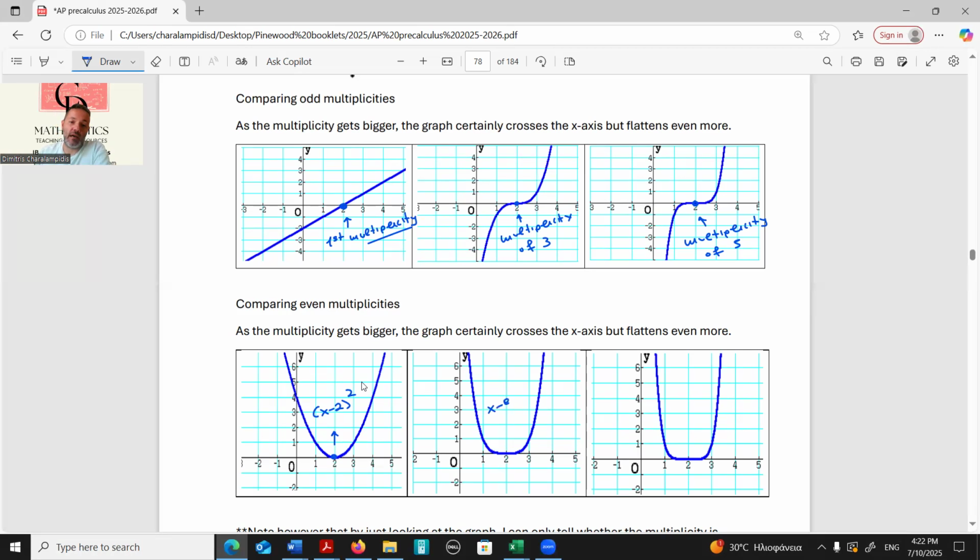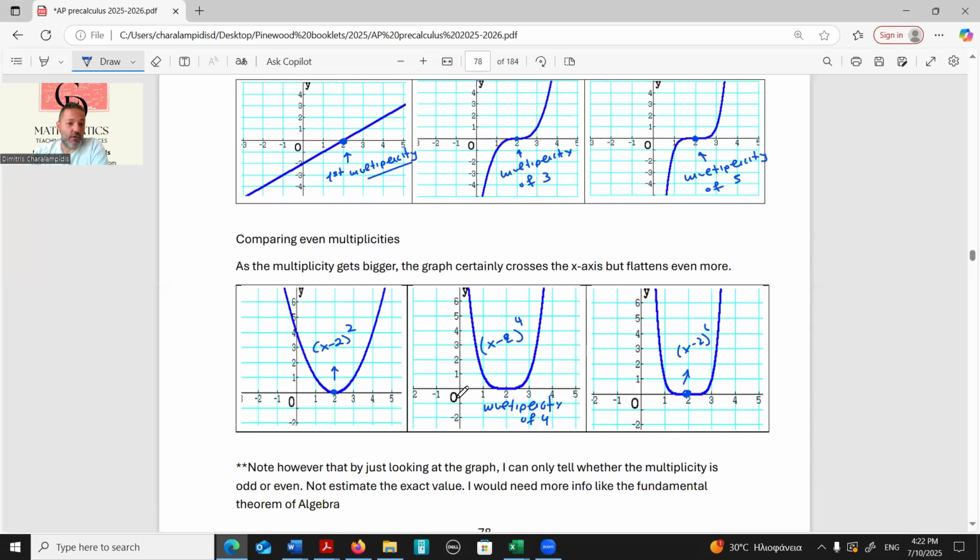Then I created (x minus 2) to the power of 4, where we have a multiplicity of 4. And here I created (x minus 2) to the power of 6, where again 2 is the root, but it has a greater multiplicity.